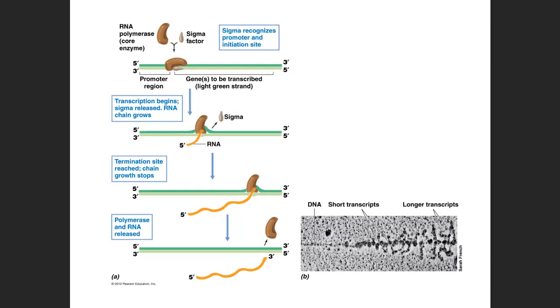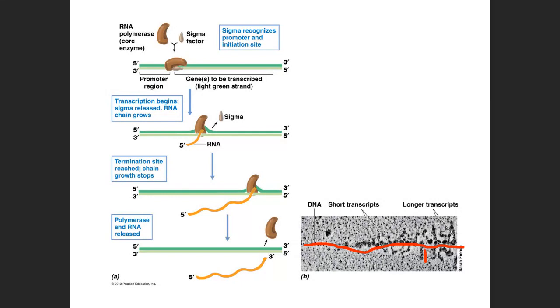Now, when you take an EM picture of a living cell, you can actually see transcription happening along the DNA, and it's actually interesting. Here in the middle, this line is DNA. Then you will see this line.